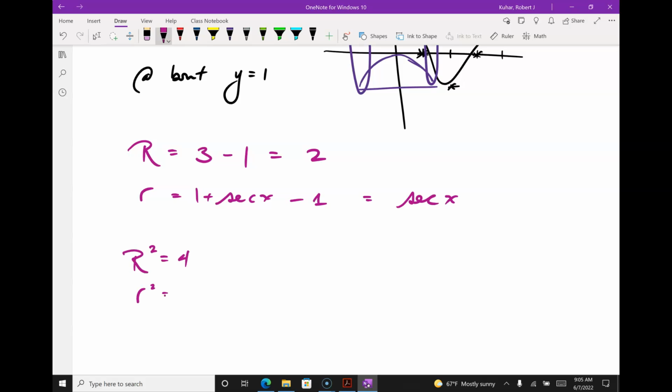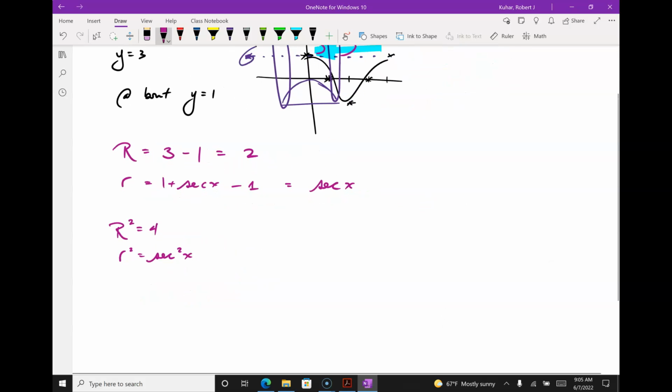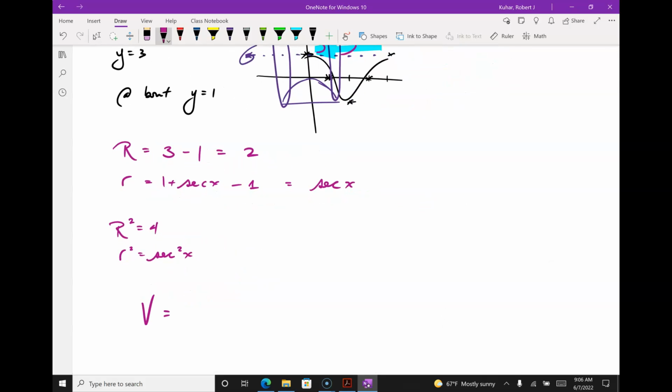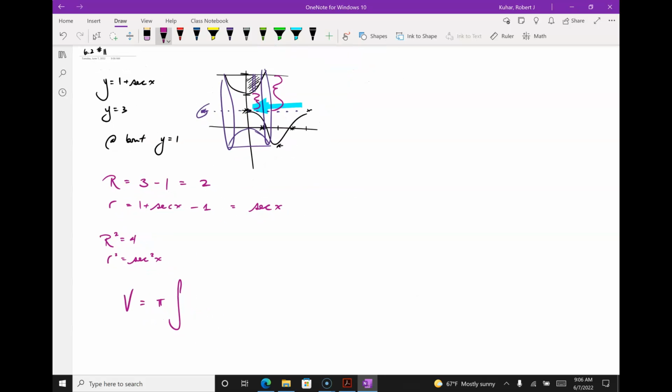Little r squared is secant squared. You can see what I mean by their integrals are too easy. So I get the volume equals pi times, oh, where am I meeting? Pi over 2, right?